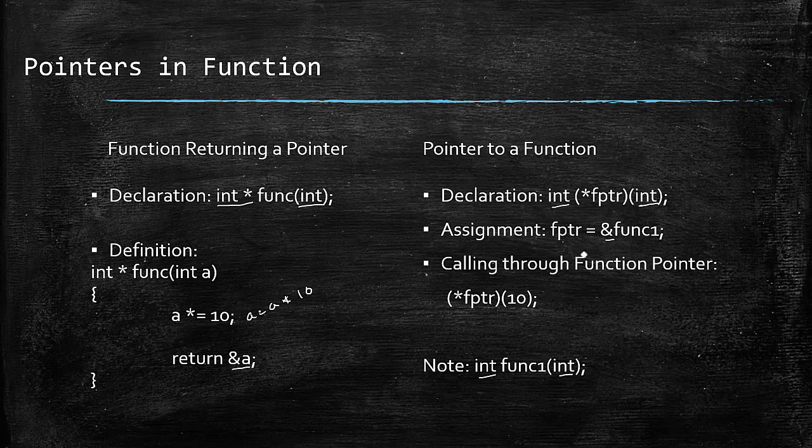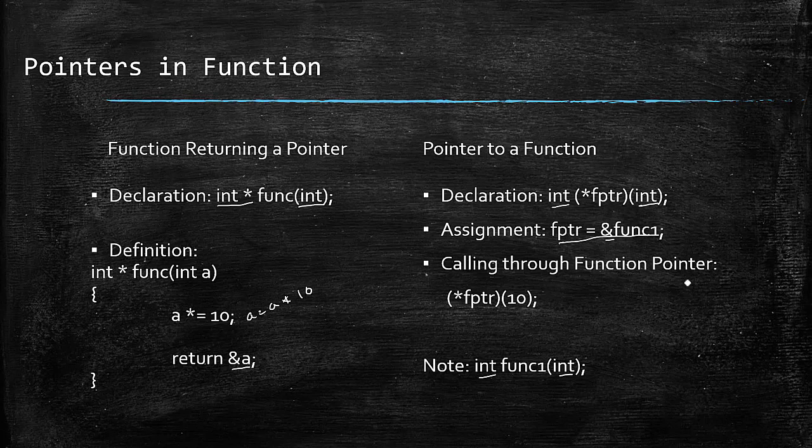Remember, this is only possible because the declaration or the function type is matching with the pointer type. If it is not, then the assignment will not be possible. It will give you a compilation error. Now, how can we call a function using the pointer?